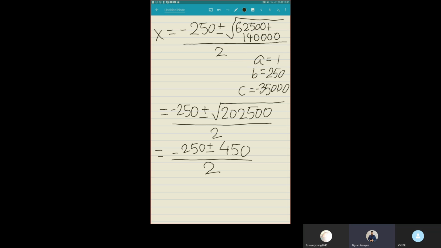Yeah, I got 14 million. Okay, but I didn't get it. Something is wrong with mine. If the formula says B squared minus 4AC, how does it turn plus? It literally says minus 4AC. Yeah, let's do it.